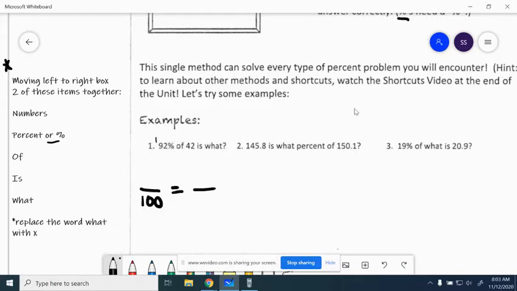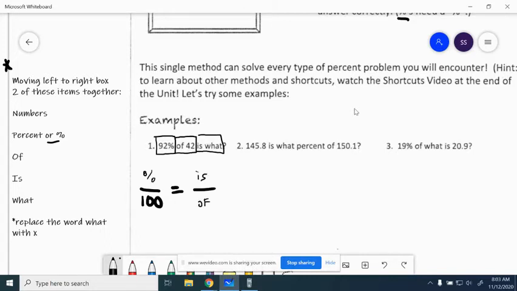There we go, 92. The next closest thing is the symbol percent, so I'm going to box that up together. Now, continuing left to right, I have of. The next closest thing to the right is 42. And then is, the next closest thing to the right is obviously the word what. So 92 is with the symbol percent, and we had this percent over 100 is equal to is over of.